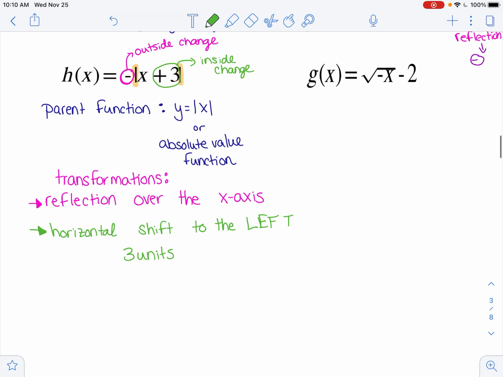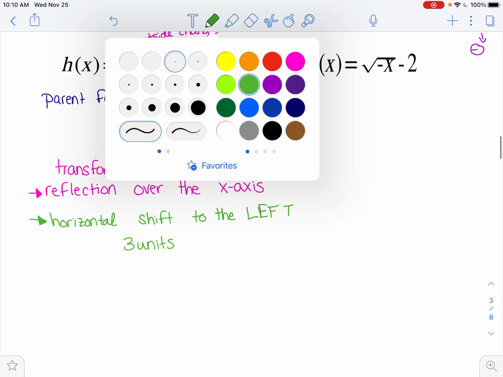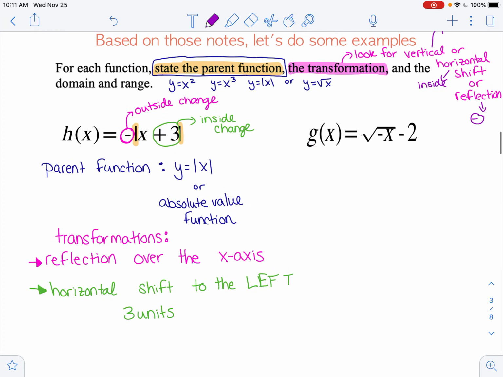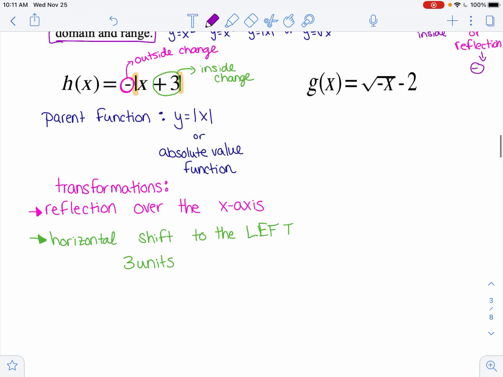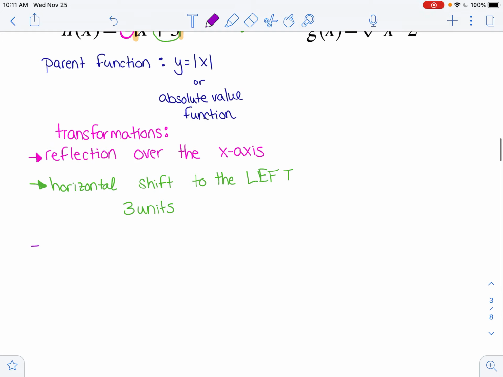Then it asks for our domain and range. Well, for an absolute value function, the domain never changes. Any absolute value function, doesn't matter about the transformation, the domain is always negative infinity to infinity for absolute value.